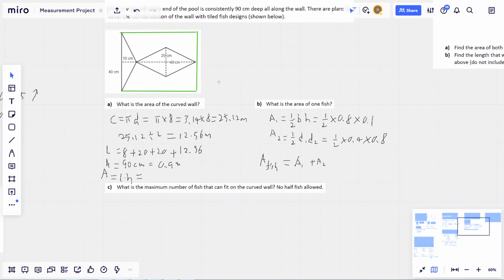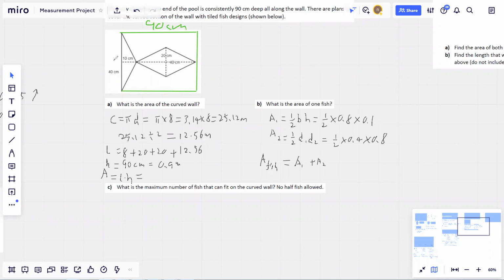Okay, so we just try to find the area. For this one, I just use a different color. For this part, the horizontal part, that will be 10 plus 40 plus 40. So that will be 90 centimeter.